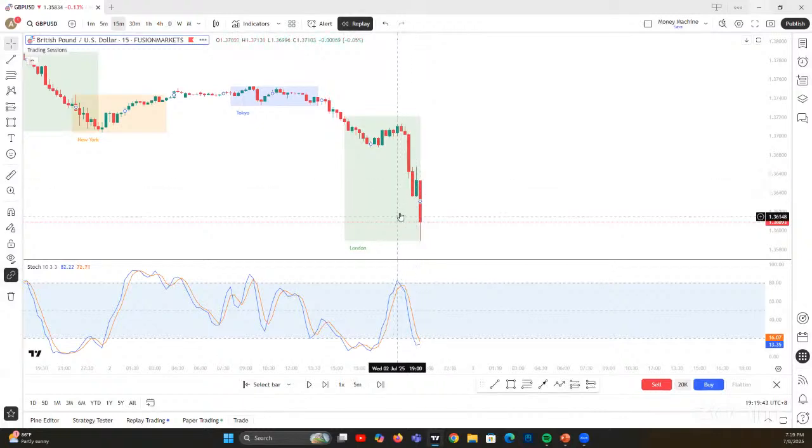When the London and the New York sessions overlap, there will be more volume, and this price should now push up to the moon.